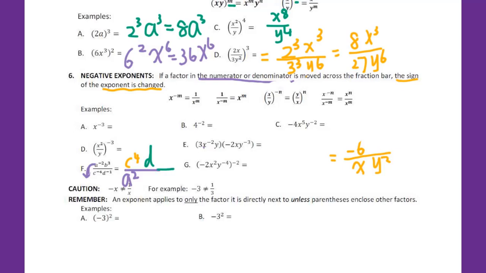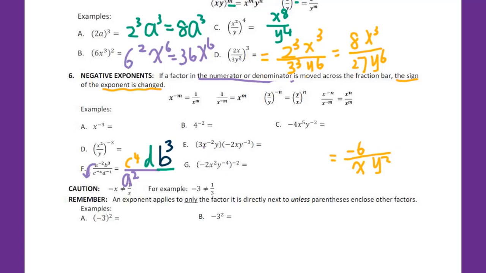B cubed, you need to stay because it's a positive exponent. Don't change the position. Only for those variables with negative exponents, you need to change the position from numerator to denominator or from denominator to the numerator.